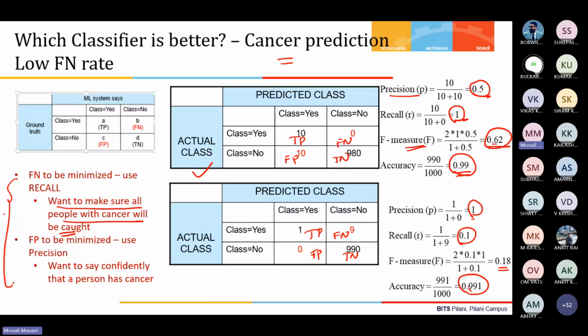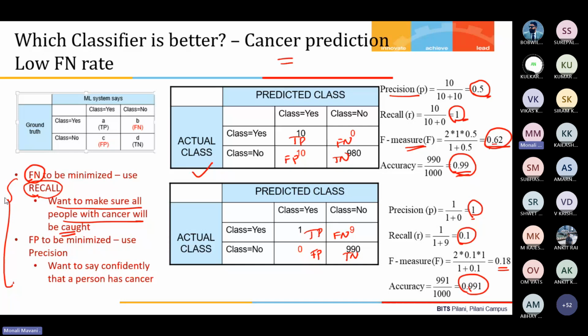In that case, people who don't have cancer might also be flagged as having cancer, but that's okay. So you will look at high recall, where you want to reduce the false negatives: a person having cancer, but your system flagging it as not cancer.